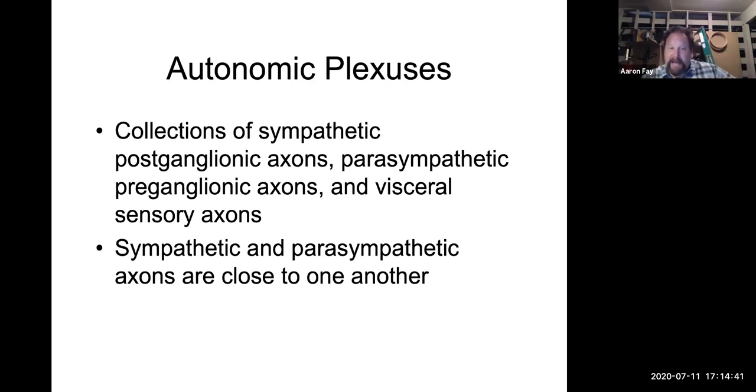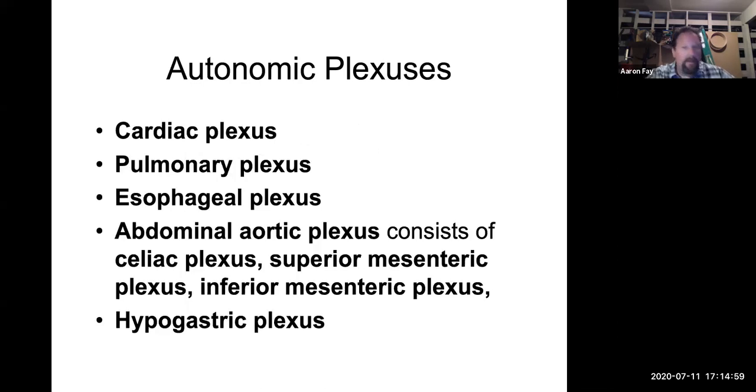So, collections of sympathetic postganglionic axons, parasympathetic preganglionic axons, right, because of the difference in length, and visceral sensory axons. We got a lot of stuff all coming together. Sympathetic and parasympathetic axons tend to run very close to each other. What I want you to know is just realize what organ you're around.